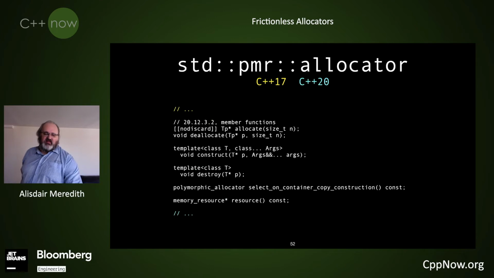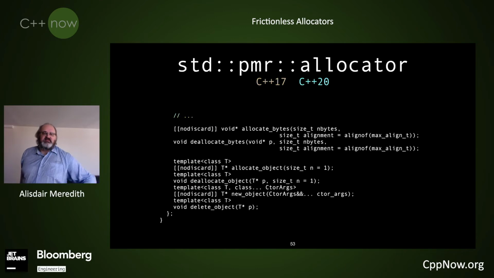Nothing changes on the basic allocation interface, but the addition for C++20 is we also have these allocate bytes and allocate object methods. The notion here is that by defaulting the template parameter to standard byte, standard PMR allocator of byte is intended to essentially become a new vocabulary type for allocation, so that rather than going through allocator traits, I might go through this specific interface when I'm using PMR allocators in non-generic code, just to get easier access to this facility.